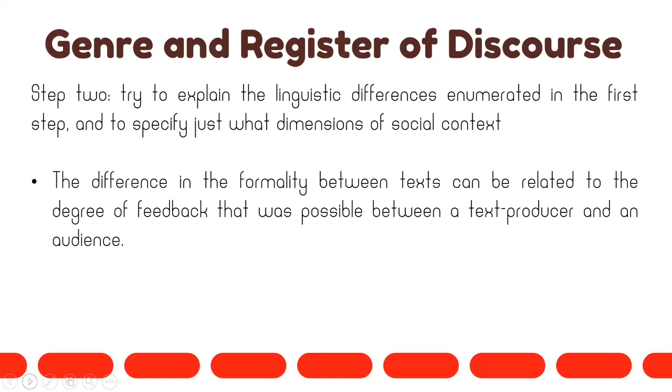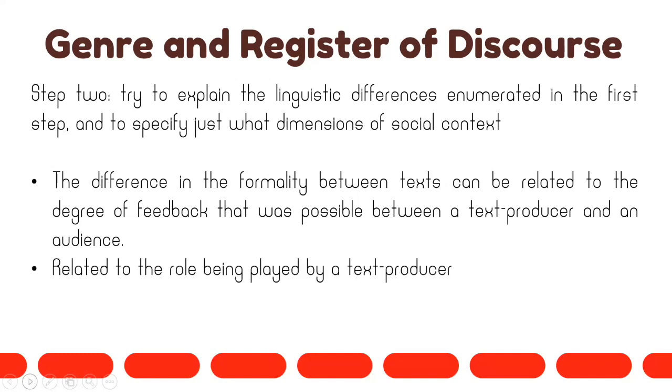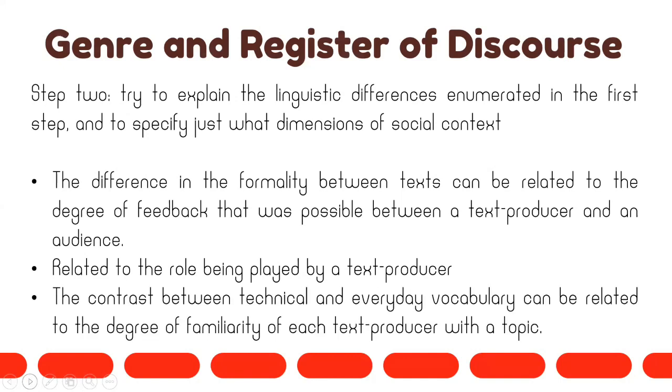So that means it's like the relationship or the formality. Okay. Also, we have the role being played by a text producer. So that means that we need to know what is the role played by the text producer in a text. So we have to know what is her, his, or their social class to understand what is the role that they're playing in a social context.